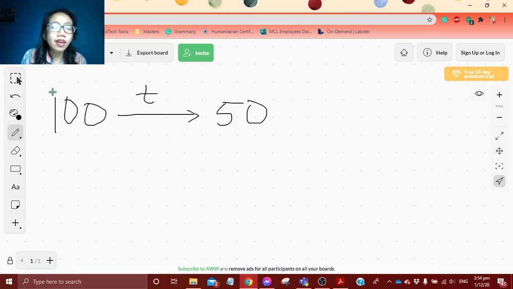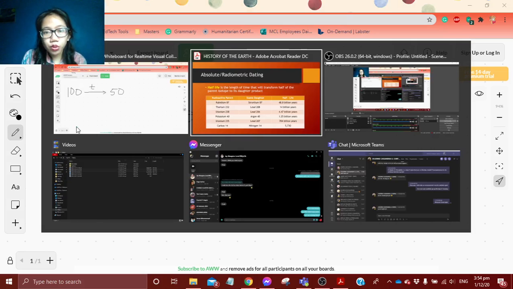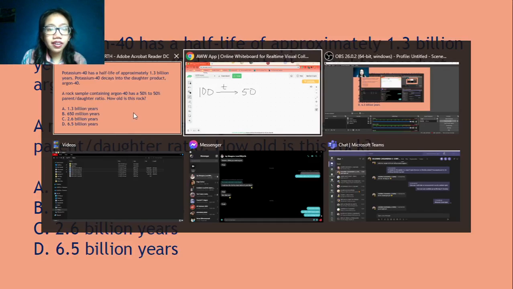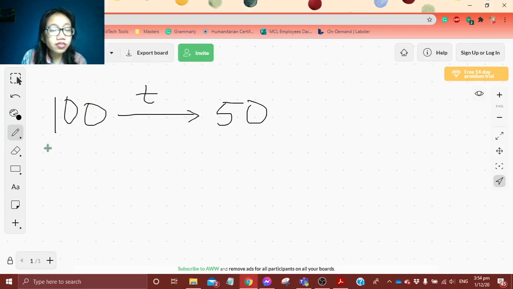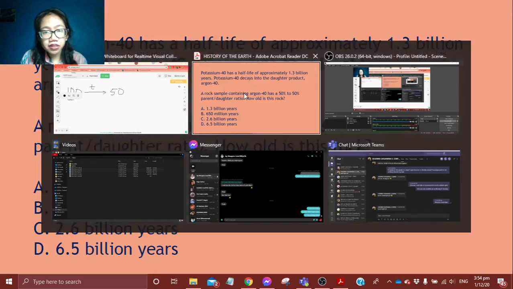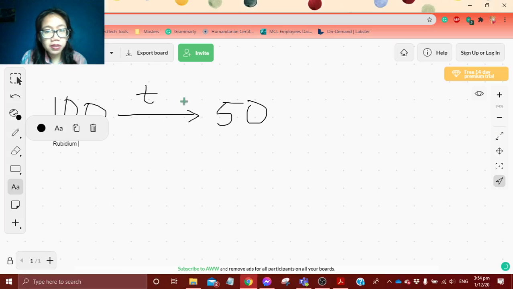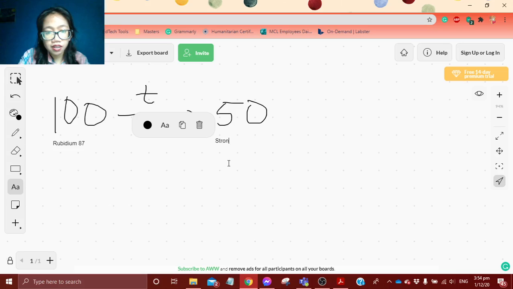For example, I have 100 rubidium here. Rubidium 87 is a radioactive material and it will naturally decay into strontium 87.